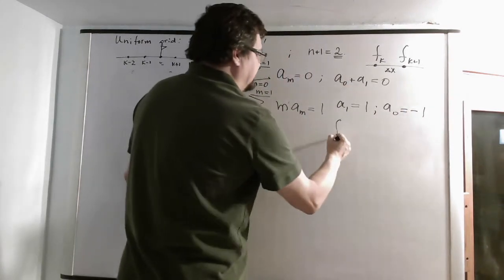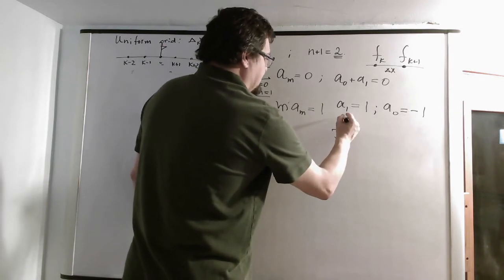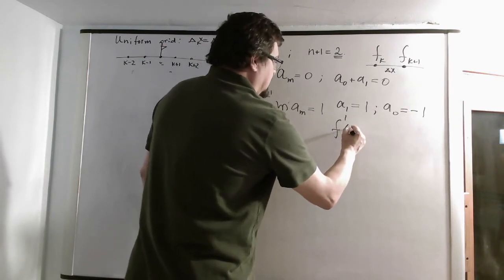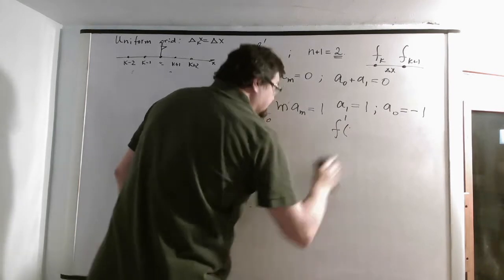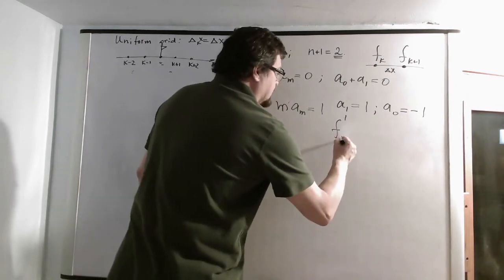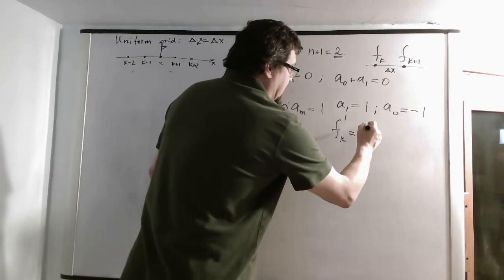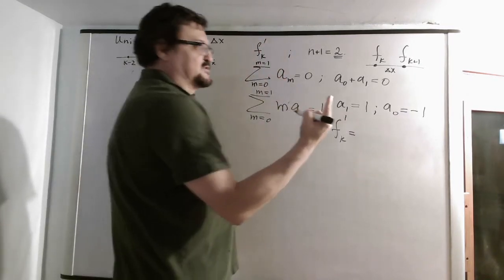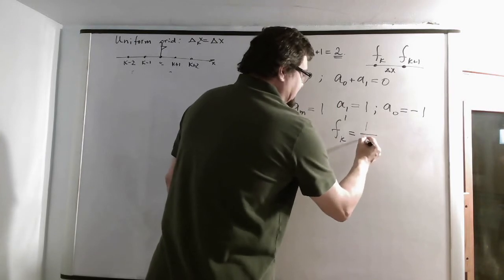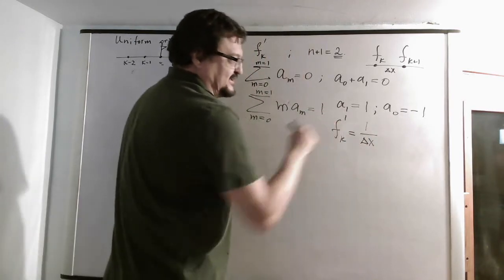So our first derivative f prime at k can be written as n factorial, which in this case, n equal to 1, is 1, divided by delta x to the power of 1, so delta x.